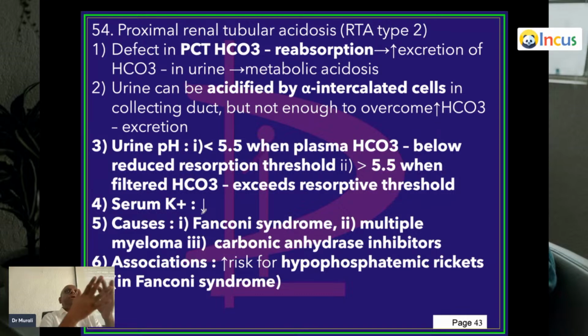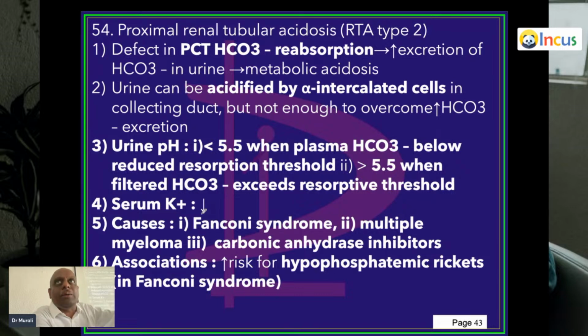So any inhibition of the carbonic anhydrase, what will it do? It won't let bicarb reabsorption occur, because bicarb combines with H plus to form H2CO3, right? Then that H2CO3 in turn is converted into H plus and CO2. That's how the bicarb reabsorption process in the proximal tubule occurs.